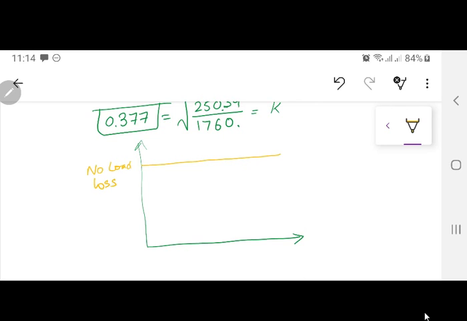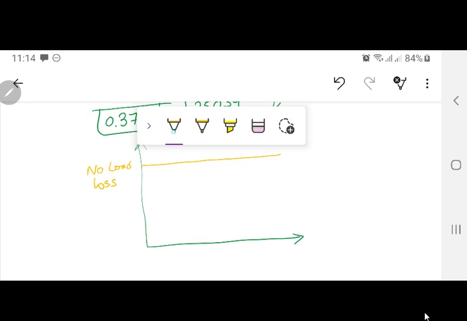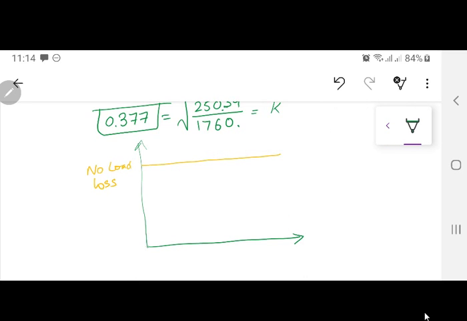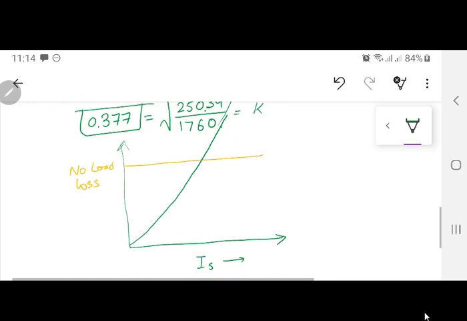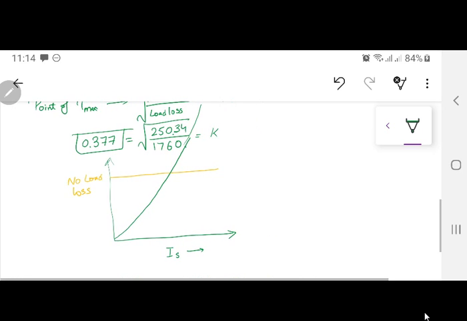And the load losses, where the current is increasing, will go a lot faster, like this. These are your load losses.